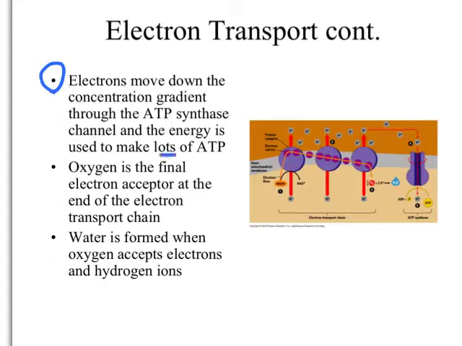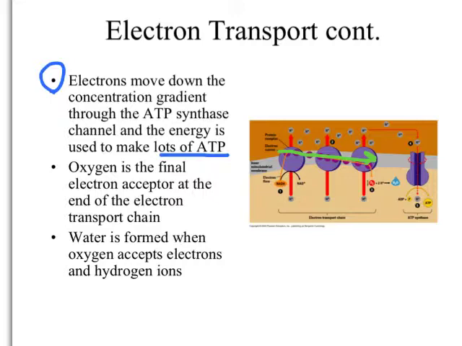Now you might ask, okay, what's happening with the electrons as they move down through the electron transport chain, which is made up of a bunch of proteins? Well, that's where our lovely oxygen comes into play. The oxygen has to basically catch all of these electrons as they go down the electron transport chain.